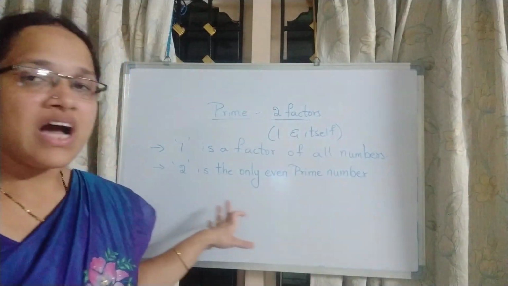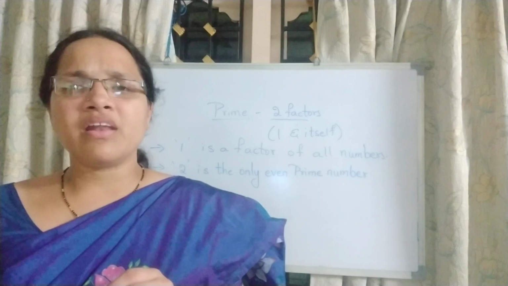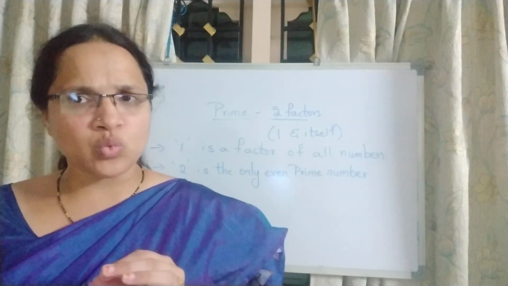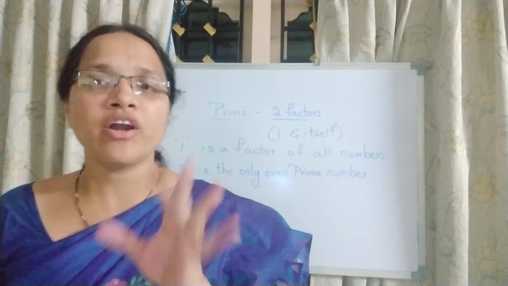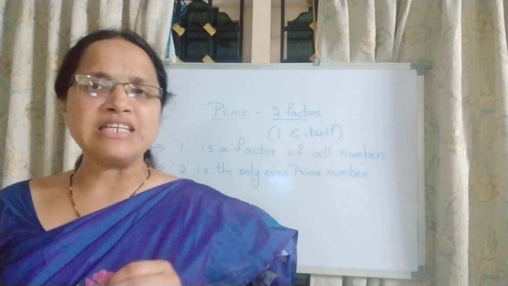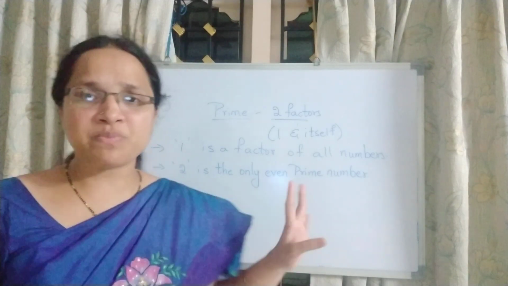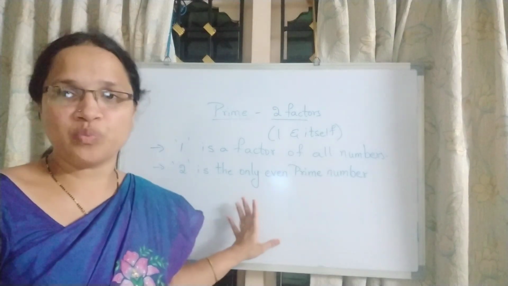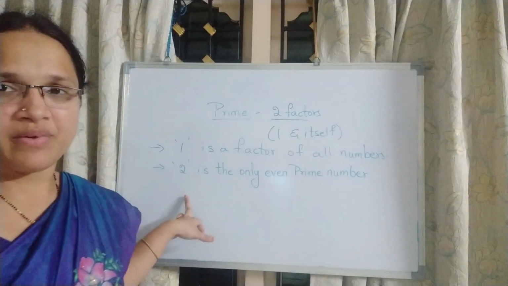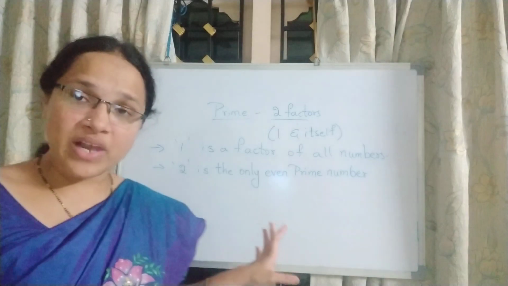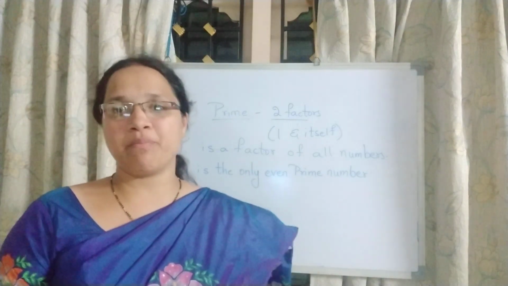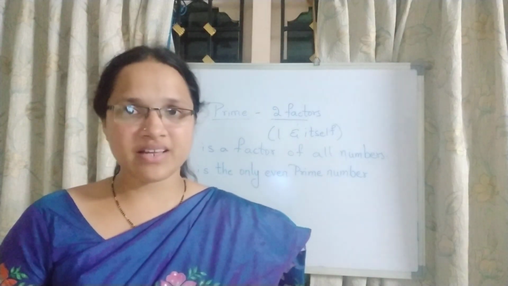But when you start searching, all except 2, all other numbers are odd numbers. You can easily identify them. So the only even number present in the prime section is 2. That is why it is the first even number as well as the only even prime number. Okay? Did you understand that?